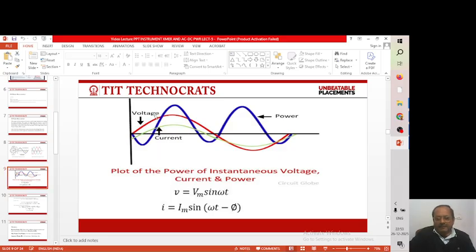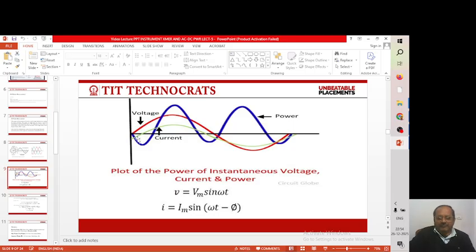So this is a diagram of single phase waveforms in an AC circuit. This is the waveform of voltage, and this green waveform indicates the current.